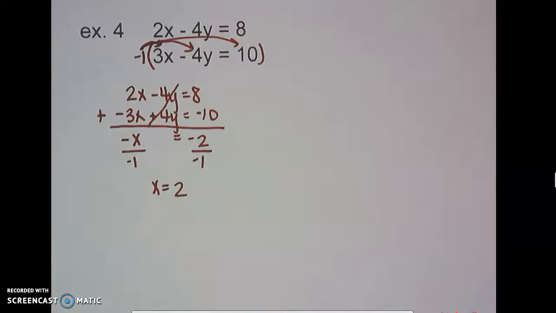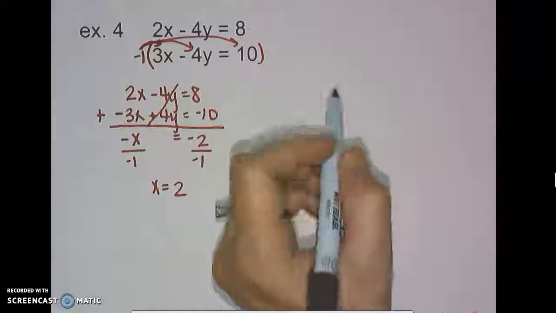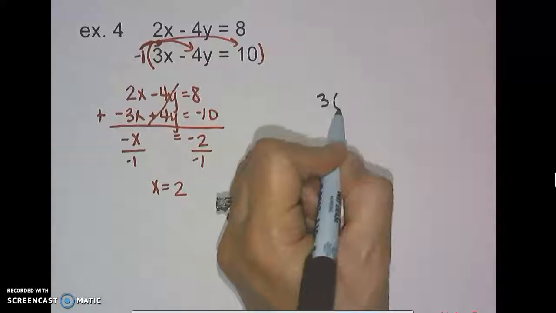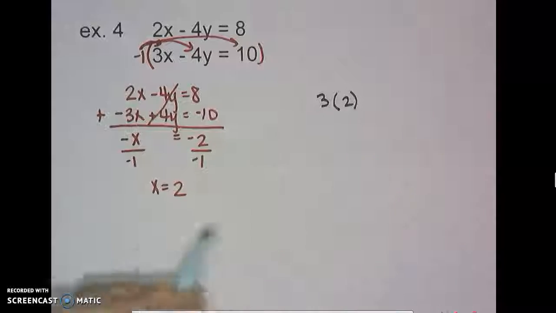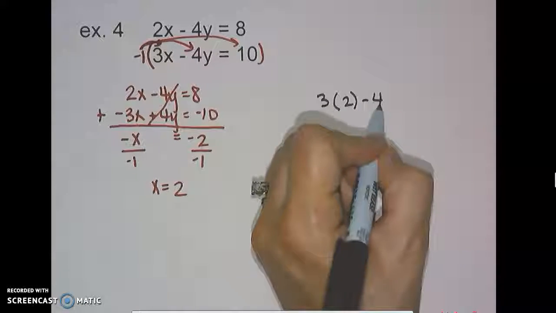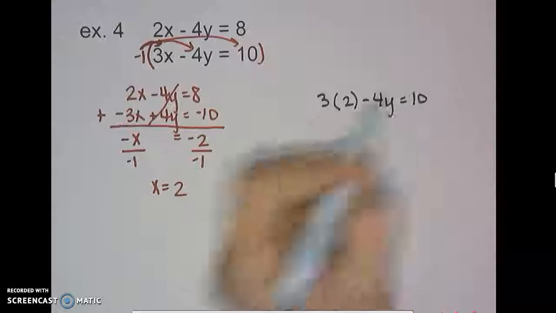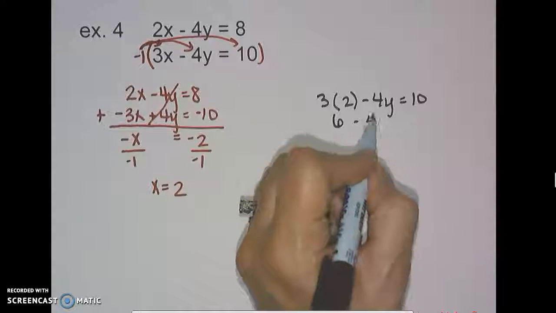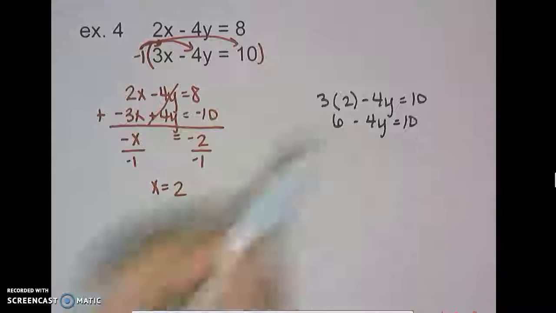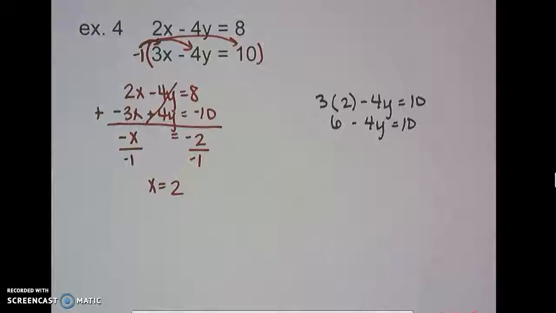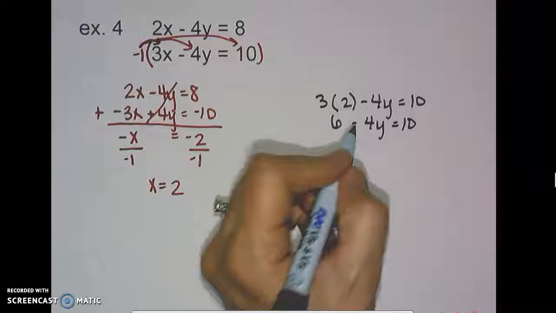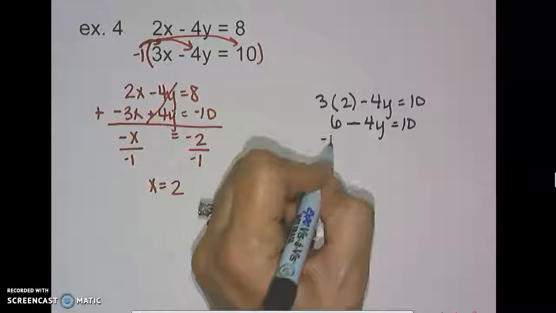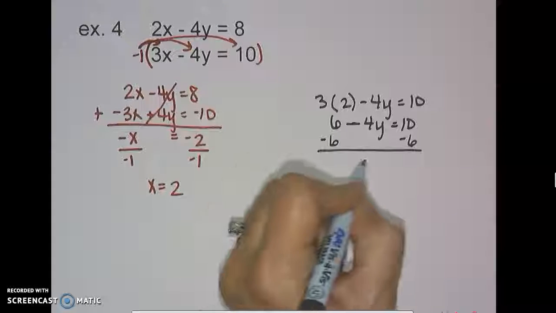Now that we have that, we're going to go back into one of the original equations. So I'll plug into that second equation. So we have 3 times 2, because that's what we got x to equal, minus 4y equals 10. That means 6 minus 4y equals 10. So we'll subtract 6.